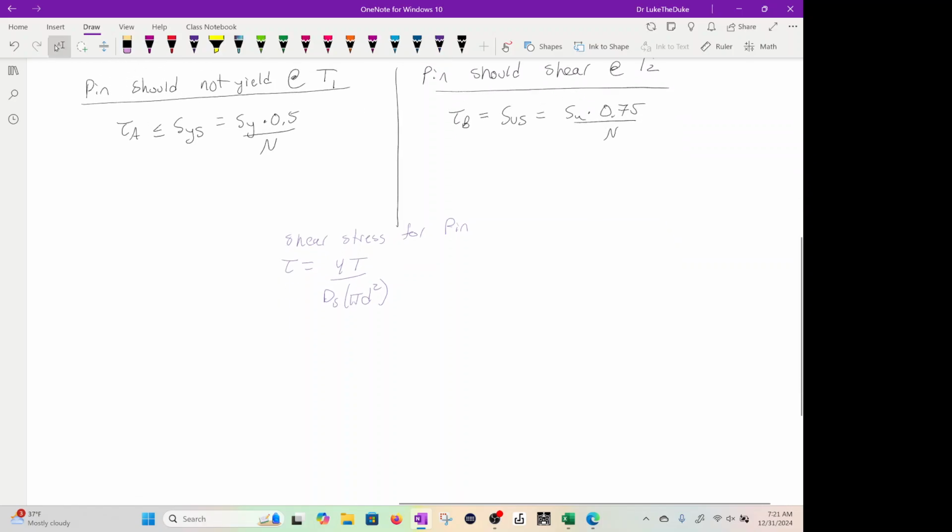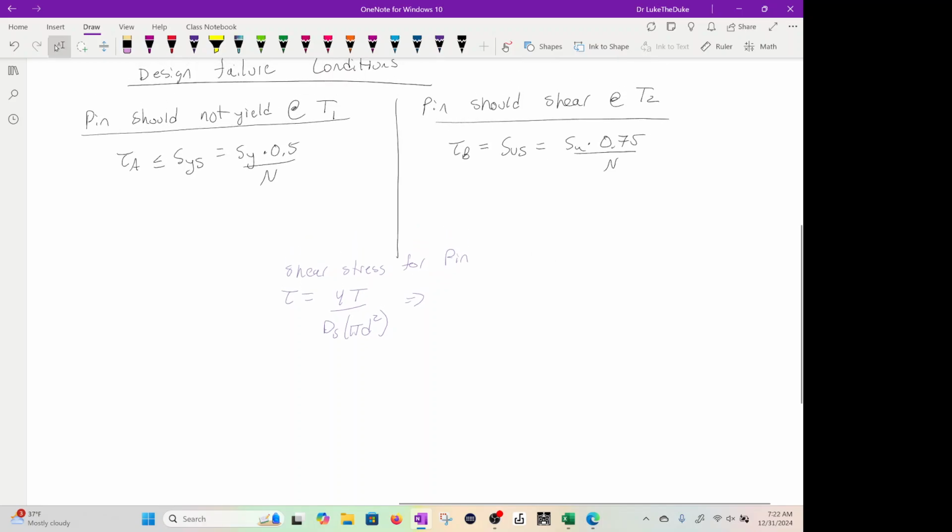So in this equation here, we're going to use the tau B, or tau 2 if you want to call it, okay. So this is kind of like tau 2, and this will be tau 1 eventually, and I'll show you how this works. So let's rearrange this equation for D2, which will be right here, okay.